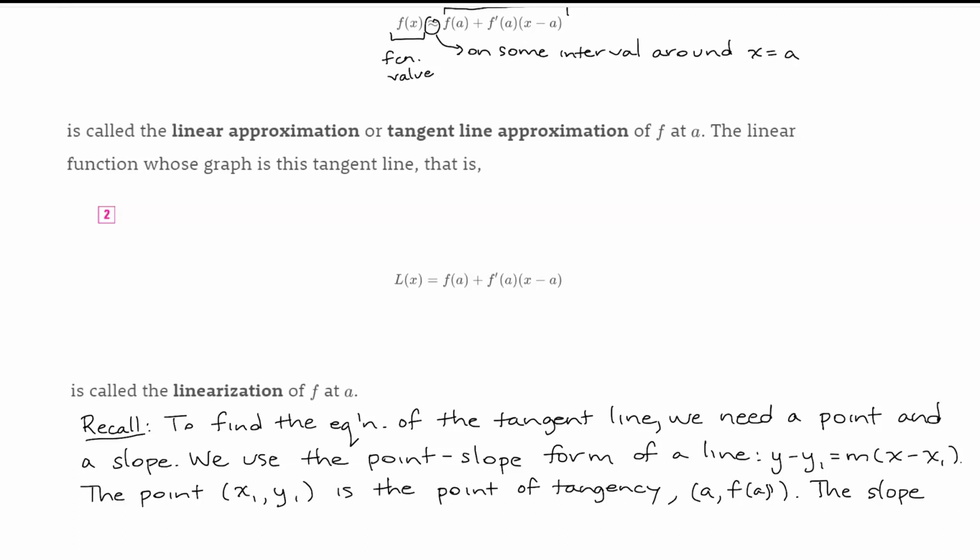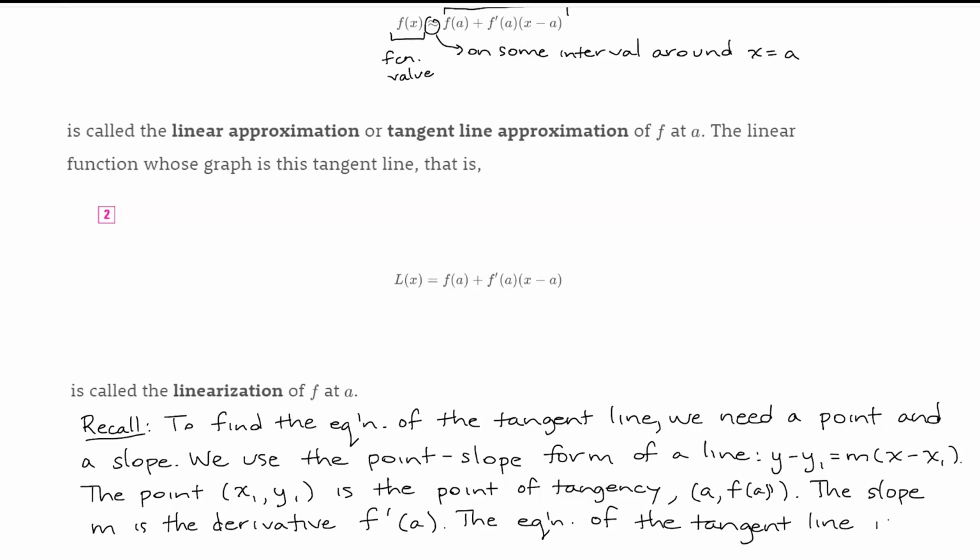And then the slope, m, is the derivative, right? The slope of the tangent line is the derivative at x equal a, right? So we evaluate the derivative at the point of tangency, and that is the slope of the tangent line. So if we put those two things together, then the equation of the tangent line, and again, this has been done many times, I'm just reminding you.